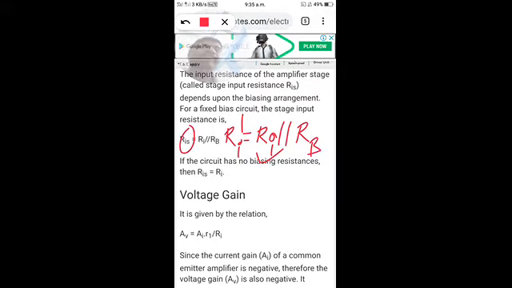Rb is the biasing resistance at the base terminal. We can obtain it by drawing the AC equivalent circuit. R1 and R2 will come in parallel, so Rb is the parallel combination of R1 and R2.